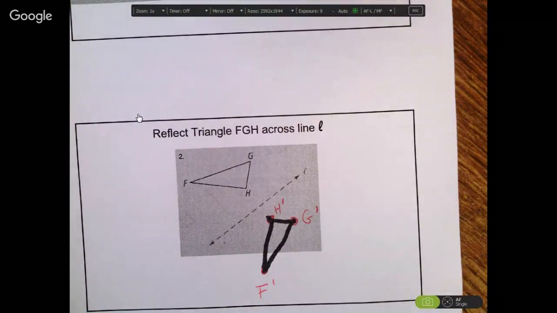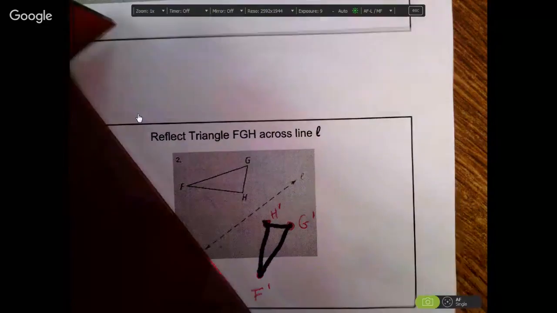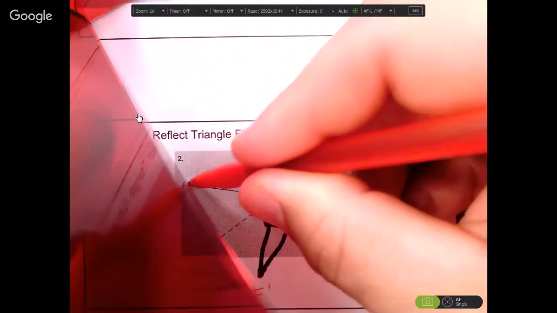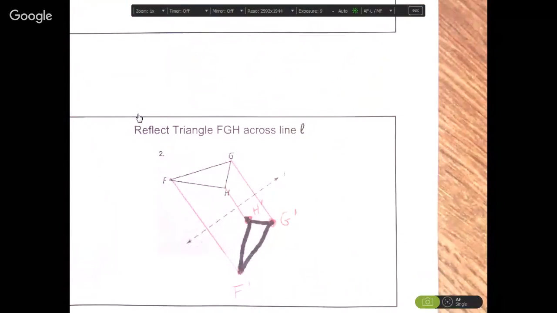I'm going to take my mirror and use it as a straight edge and connect my primes and my regular letters. And hopefully we notice something.